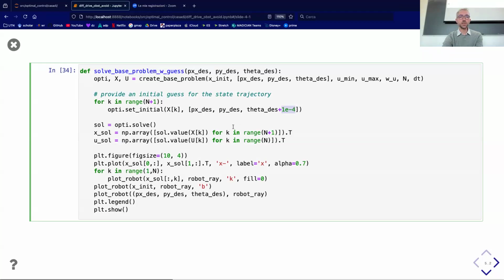I guess it could work even if you perturbed the X direction, but I haven't tried. But what's nice with the Python notebook is that you can just change, rerun, and try things on your own, because we don't have time together to try everything.